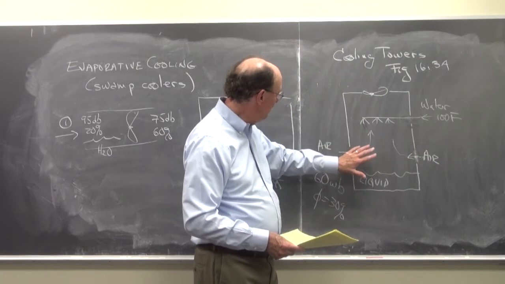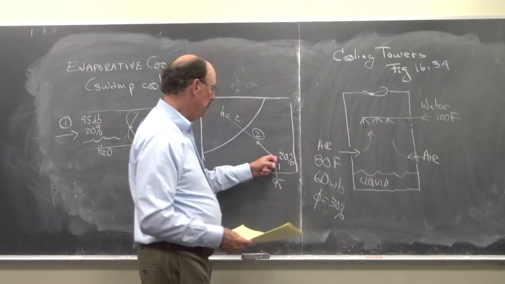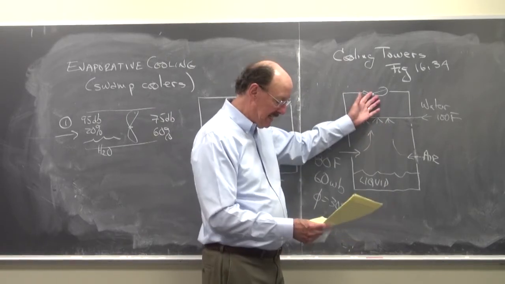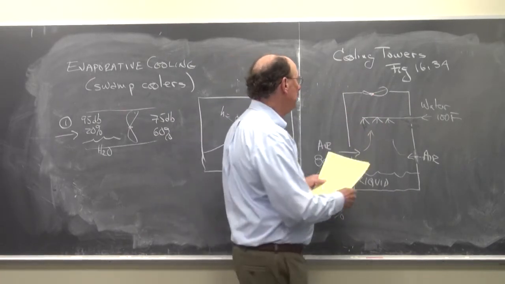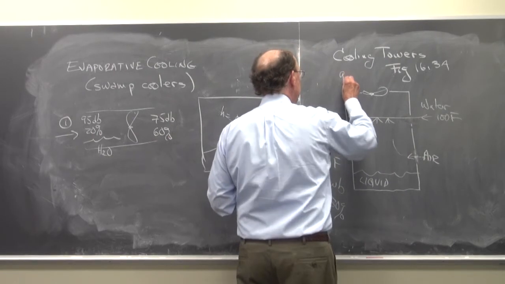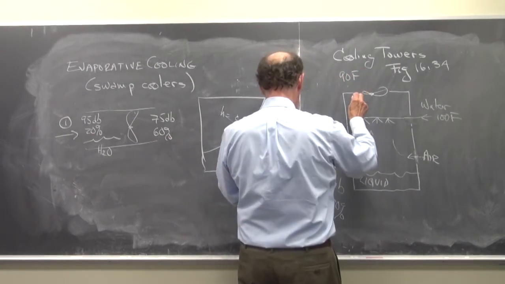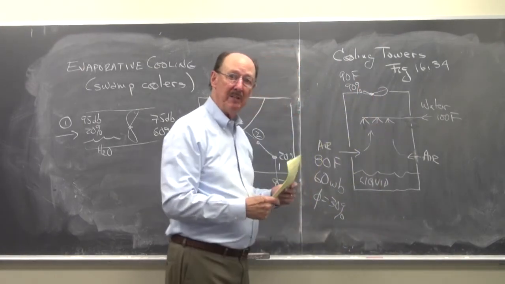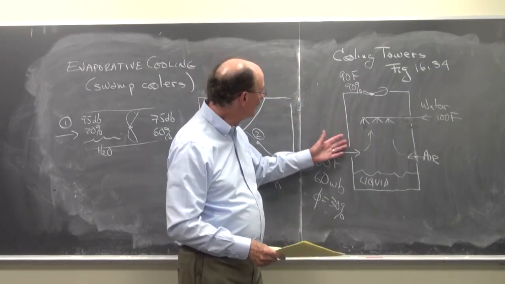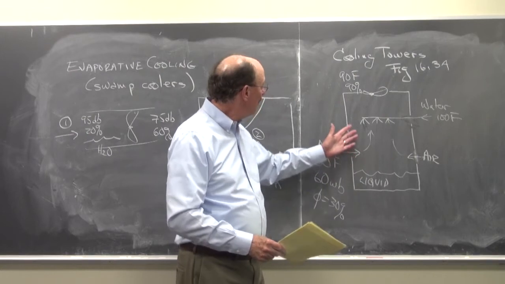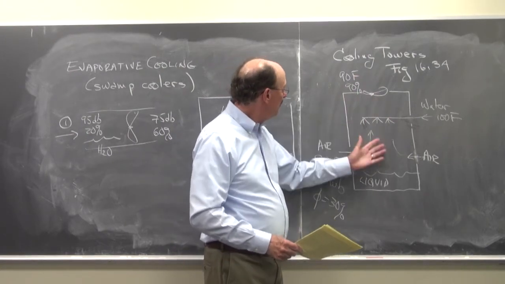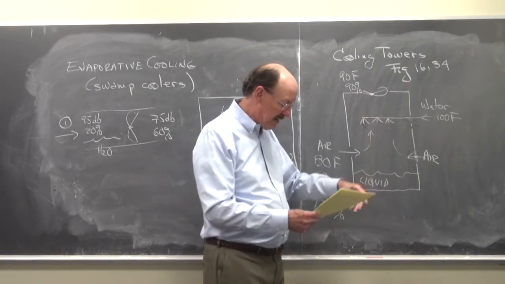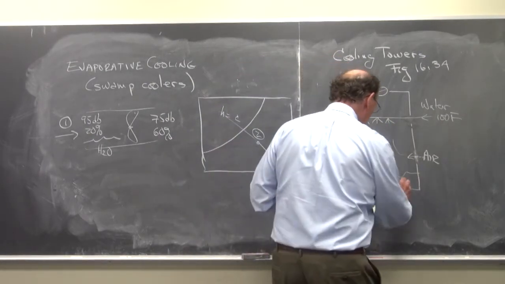The air comes in and we have this process going on, except now we're able to cool the water and we're heating up the air. So the air would come out of here, let's say at 90 degrees Fahrenheit and 90% relative humidity. So it's very much saturated. The saturated air that we talked about earlier very much happens here. The water cools off as it comes down, and we have to have some makeup water.